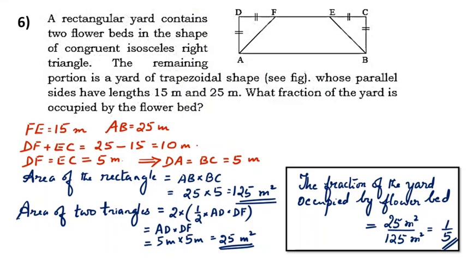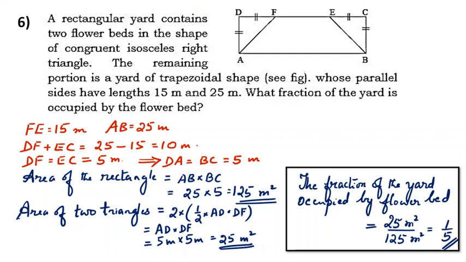So to find that, I will deduct EF: AB minus EF can be done to find what is DF and EC. Together they both, DF and EC, will be 10 units. Because EF is given 15 and AB is 25. So DF and EC should be the difference between AB and EF.